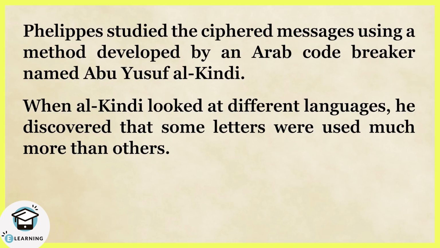Philippes studied the ciphered messages using a method developed by an Arab code breaker named Abu Yusuf al-Kindi. When al-Kindi looked at different languages, he discovered that some letters were used much more than others.